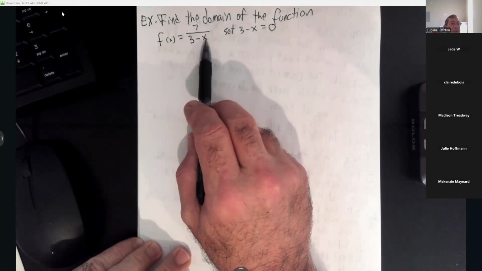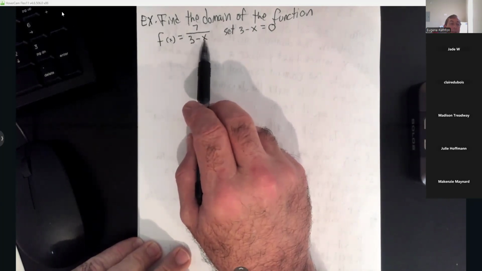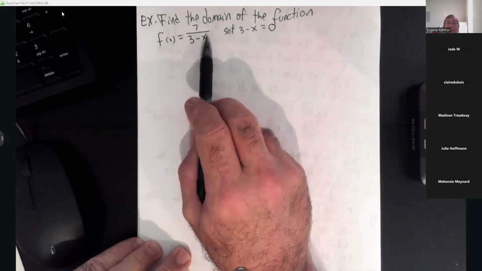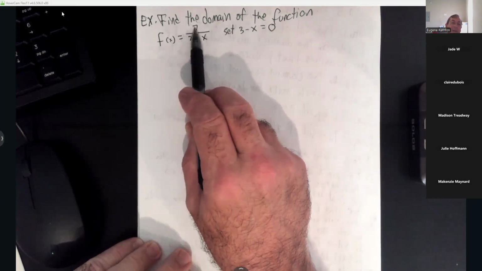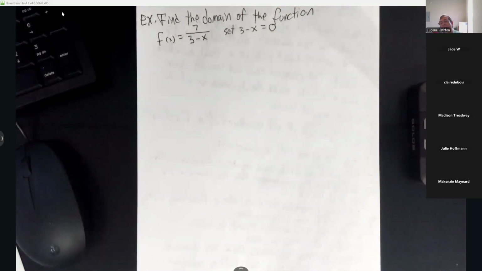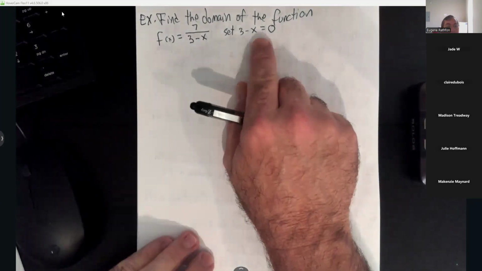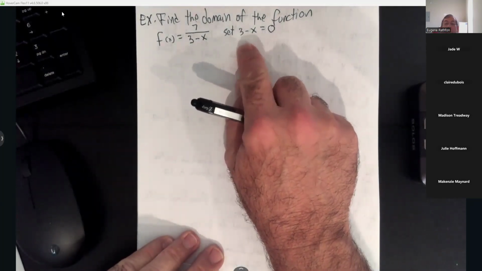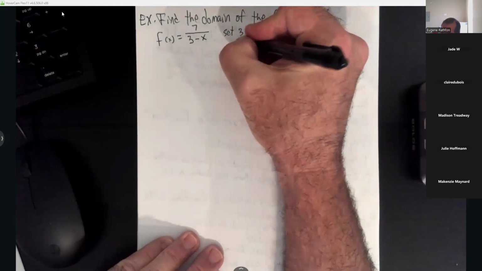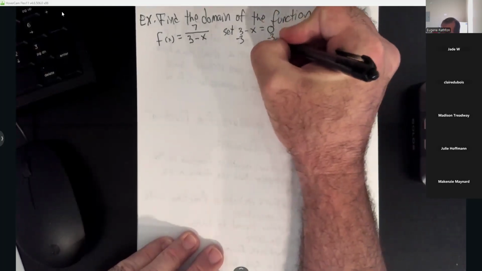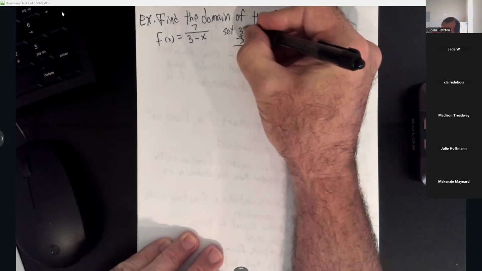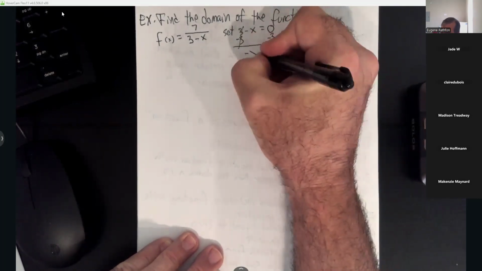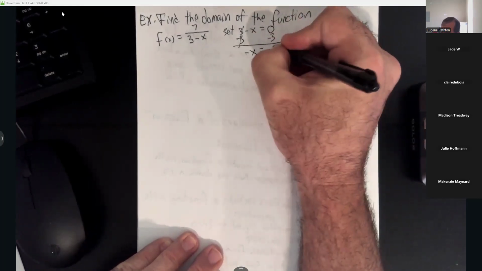3 minus 3. So if that x equaled 3, 3 minus 3 would give me a 0, which would make that undefined. So that means I'm going to kick that 3 out. But officially, I'm going to solve this for the x. So I'm going to move the 3 over, and I would subtract that over. So those 3's cancel. That gives me negative x equals a negative 3.